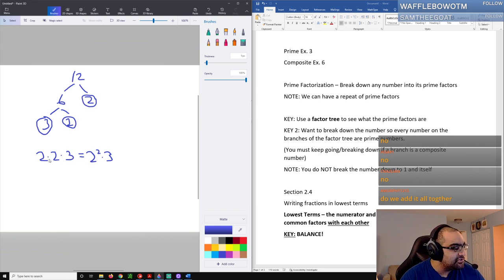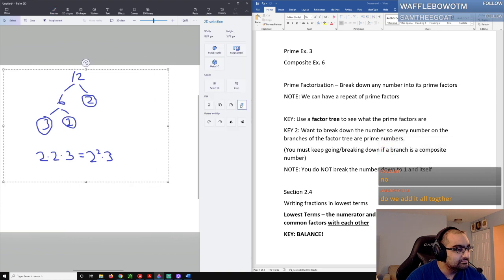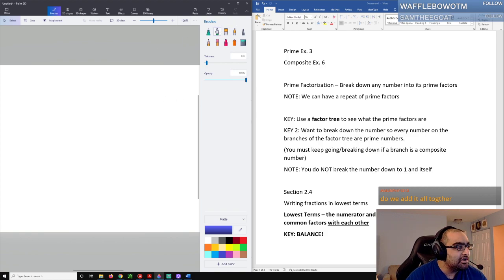So we are multiplying in this case. 2 times 2 times 3, or 2 squared times 3, are both equivalent forms of the prime factorization. So just talking multiplication terms here.